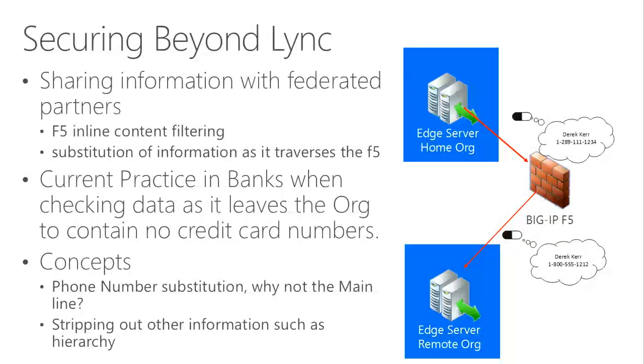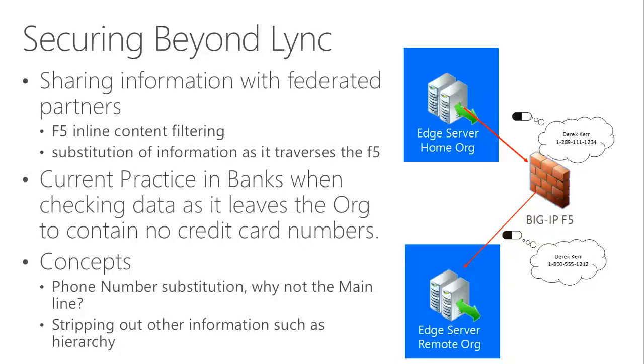There's headers. There's definite ways that we can understand the data that's being transmitted and classify it and then do substitution or removal. For instance, my contact card, right? What type of information am I sharing? Am I sharing the DID to a remote organization? Maybe I don't want you to have my DID that calls me directly. Maybe I want to substitute that out and put in the corporate 800 number, which is for everybody, right, as a conceptual idea. So you can do this with F5. We'll allow you to do it because F5 encrypts and decrypts there. It has the certificates on it. It has the key and the cert.